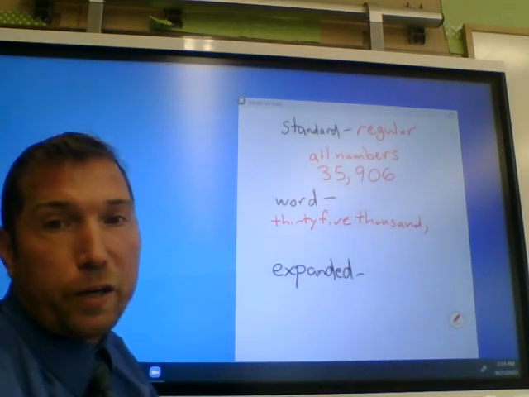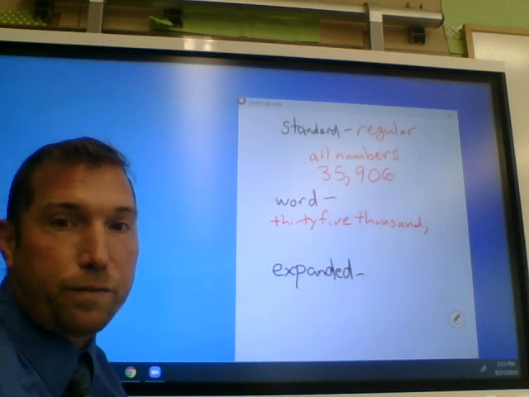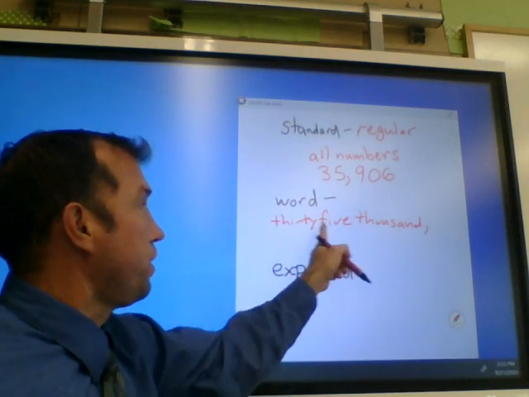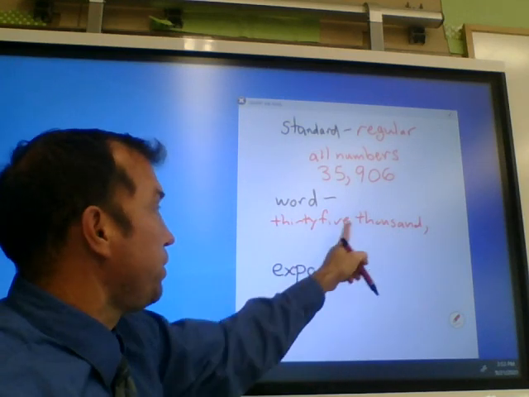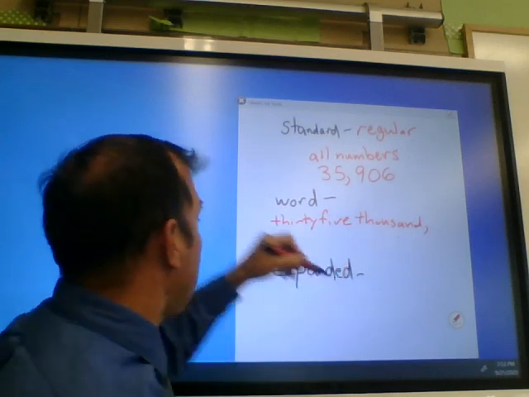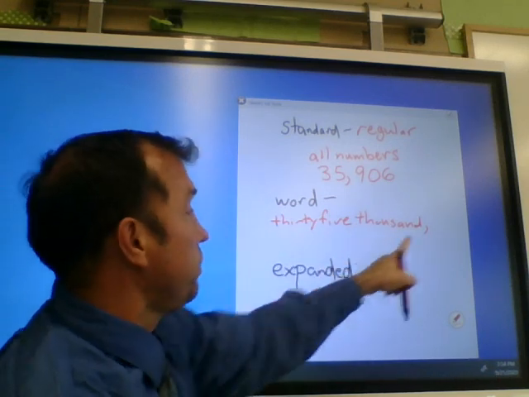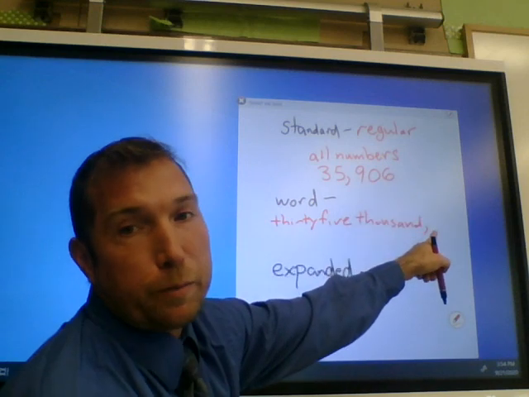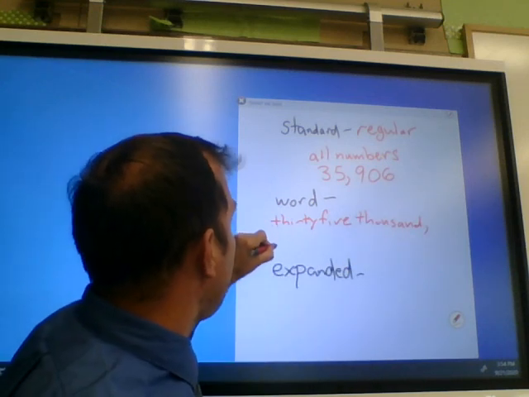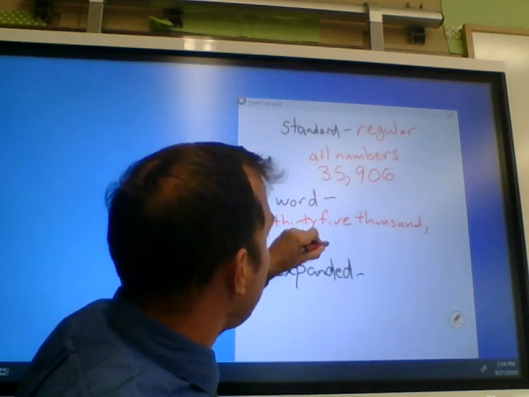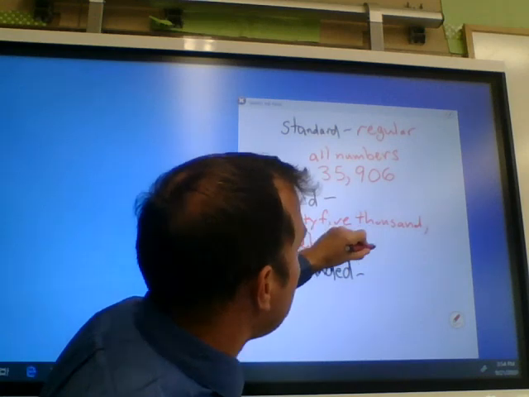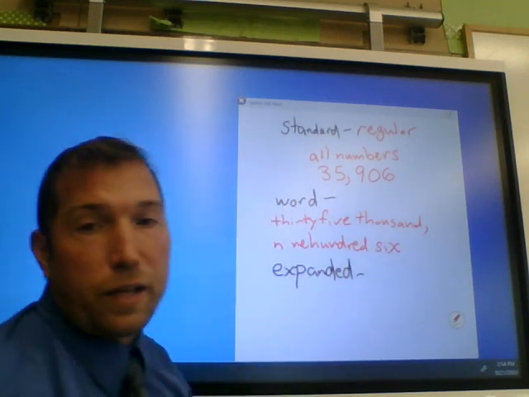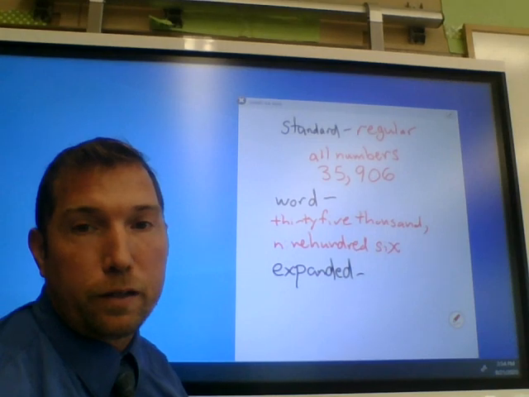Where the comma is, the comma stays. 35, comma, and then you just say the place, 1,000. And then after the comma in the number, after my comma in the word form, is 906. So that matches up perfectly.